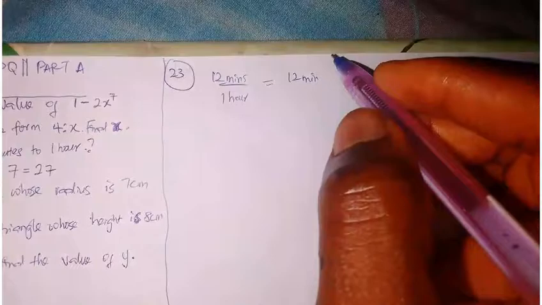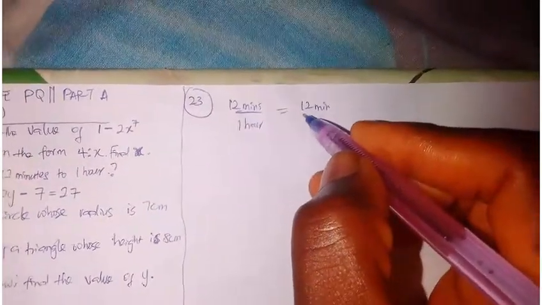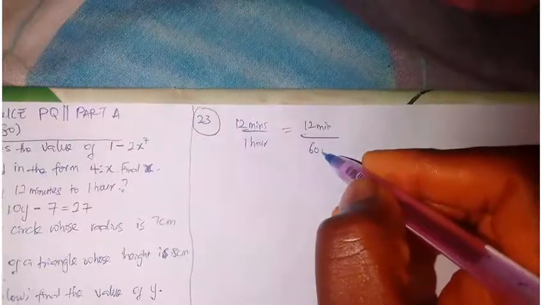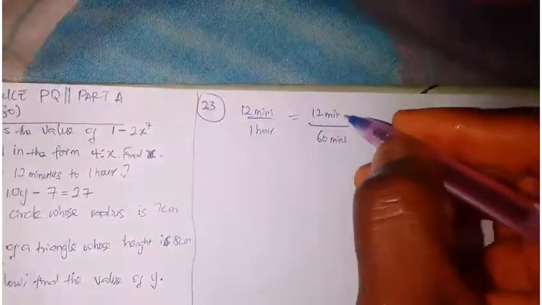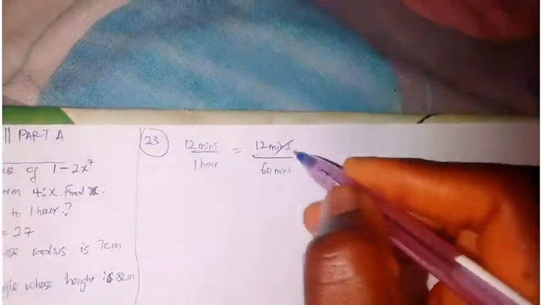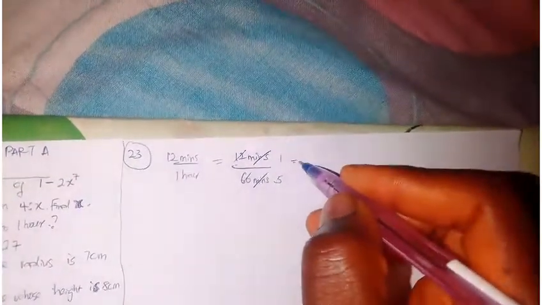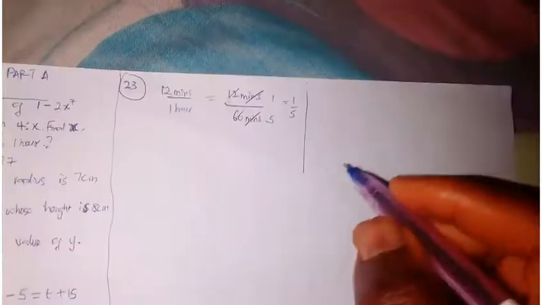This one stays 12 minutes. Converting this one to minutes leaves 60 minutes, because 60 minutes makes 1 hour. So minutes cancels minutes. 12 here 1, 12 here 5. So my answer is 1 over 5.